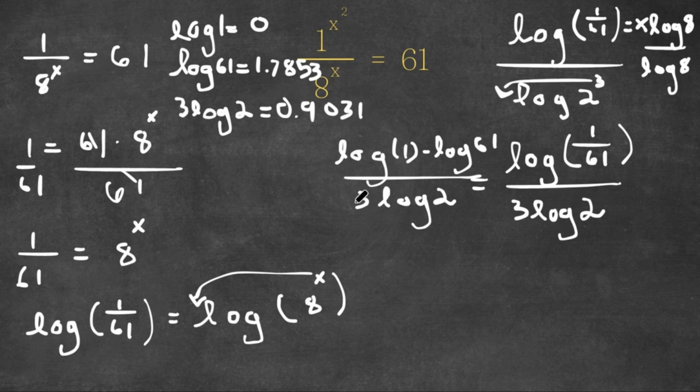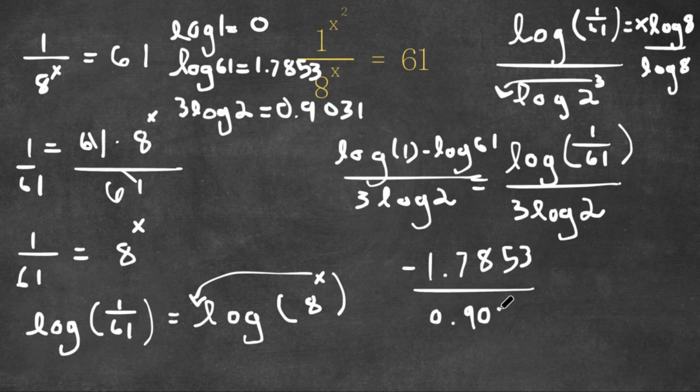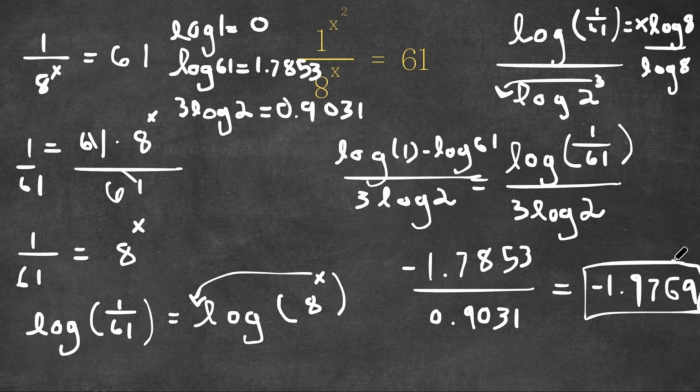So now if we plug in these values, we get 0 minus 1.7853, which is just negative 1.7853, divided by 0.9031, and this is equal to approximately negative 1.9769. So this is our answer.